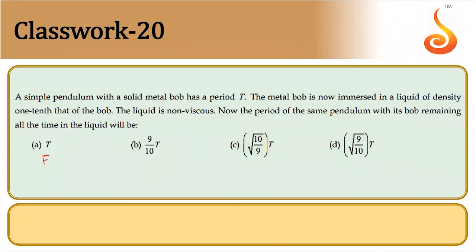So if I take net force on that bob, that will be mg minus buoyant force, that will be equal to mg into 1 minus density of liquid by density of bob.